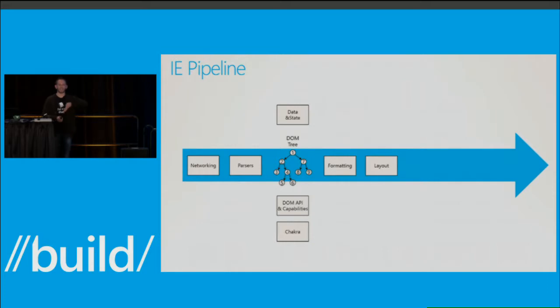So it's essentially taking the relative values that formatting came up with for each element and turning them into absolute values. So everything has a width, everything has a position, everything has a value for all of its style properties. Now, out of that comes what we call the visual tree.